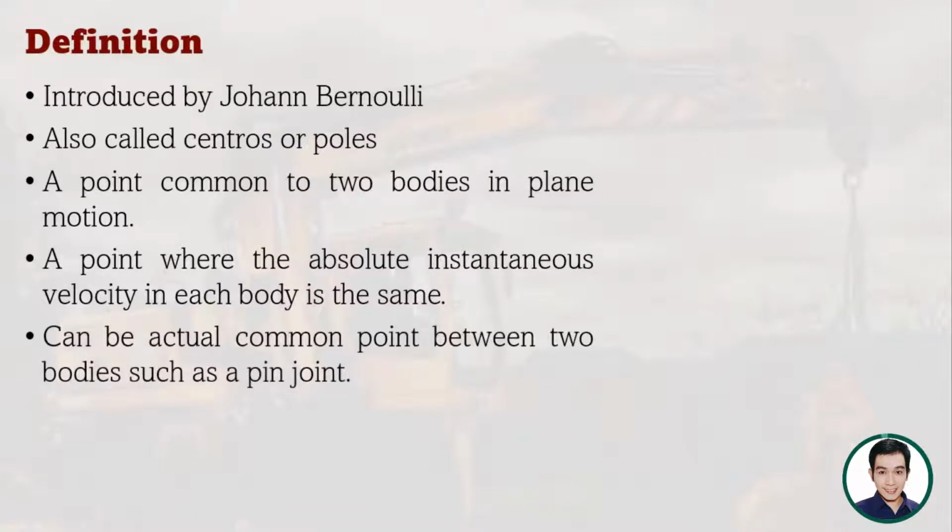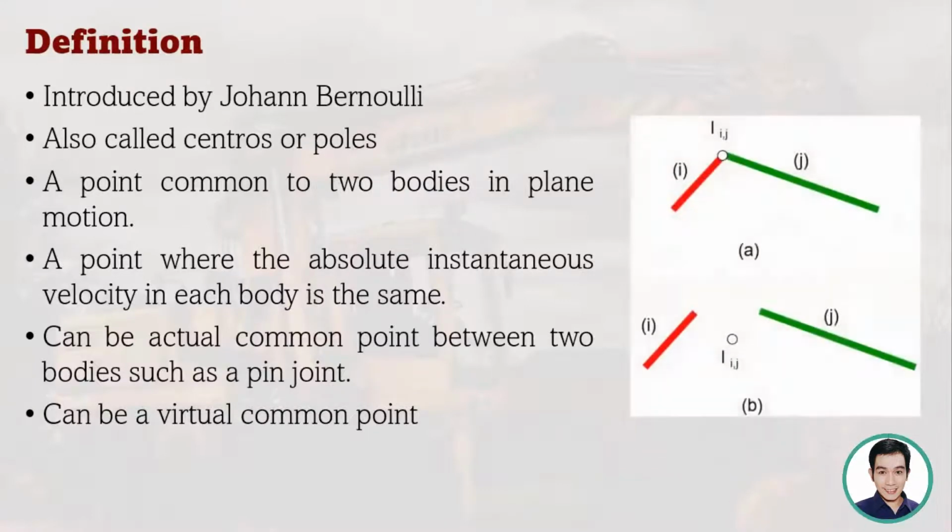It can be an actual common point between two bodies, such as a pin joint, which we discussed in the previous topic, and can also be a virtual common point, which does not necessarily exist. Say for example, you can see here at A, the connection between link I and J, shown in red and green, the joint connecting them is a pin joint, which is a common point between the two links.